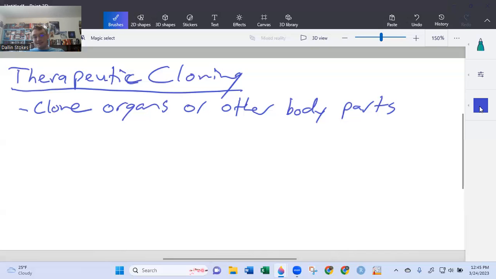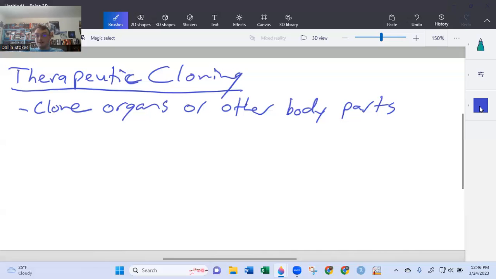The idea is, since we've got these techniques for how to grow tissues, how to grow organs and whatnot in the lab, what if you got a somatic cell, like a muscle cell, or even do somatic cell nuclear transfer if you wanted to, from a cow or something, and you grew it on a petri dish and told it to become a muscle.